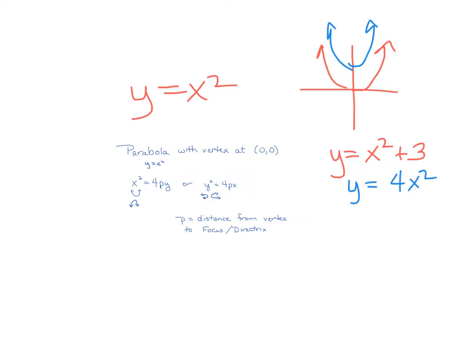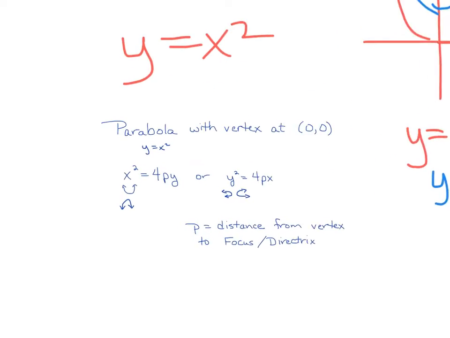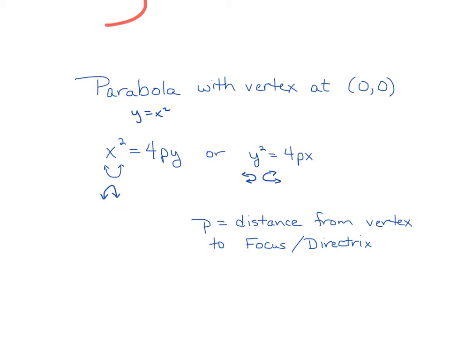Now what's going to happen to us is we're going to have a different form of the equation. And our equation is going to look like this. So when our variable that's squared is the x term, our graph is still going to look like the original form. It's x squared. So this one also has x squared. And the form is going to be x squared equals 4py.